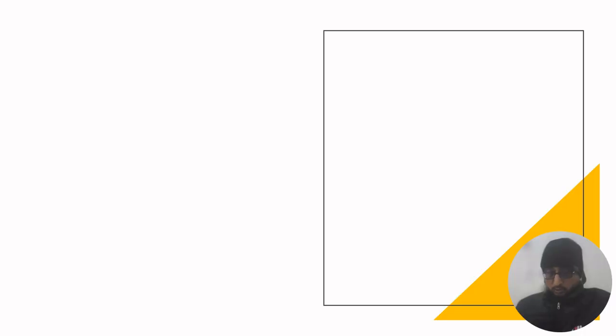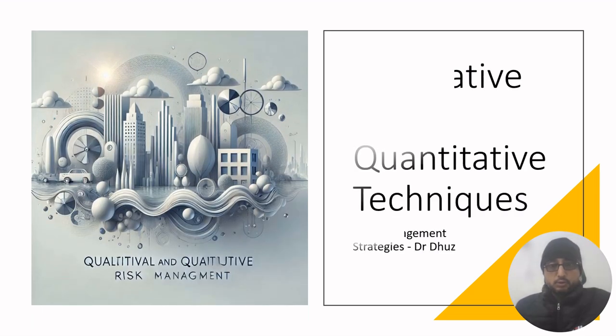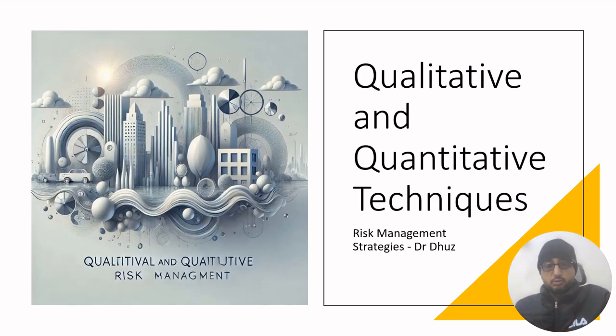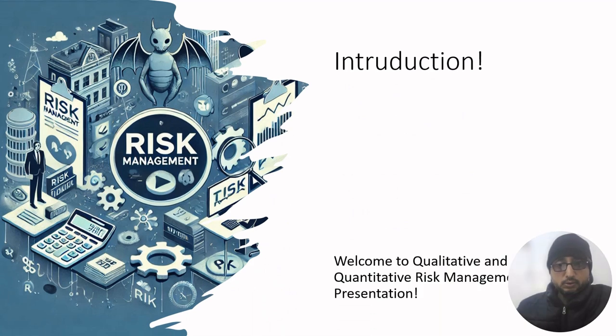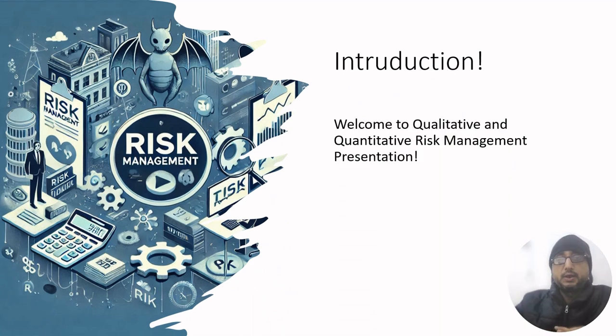Let's move to our presentation and start it. So today our topic is qualitative and quantitative techniques for risk management. Basically, these are the techniques we use during the risk management process. Welcome to the introduction section. Today we will understand what the qualitative and quantitative approaches are during the risk management process.